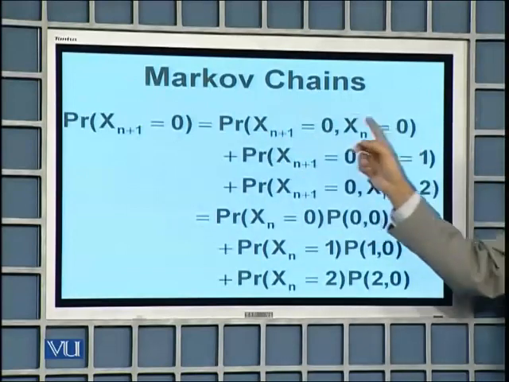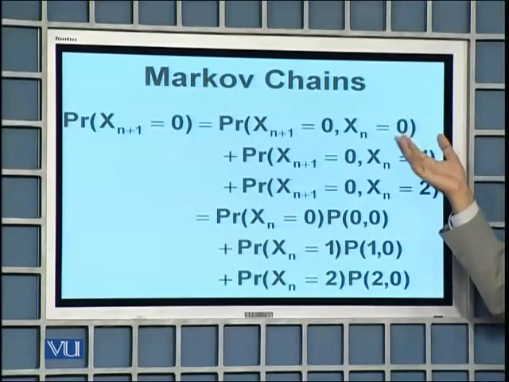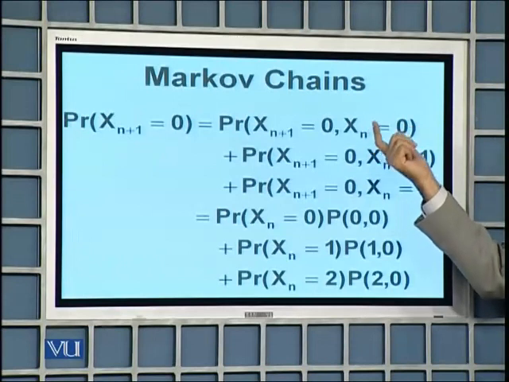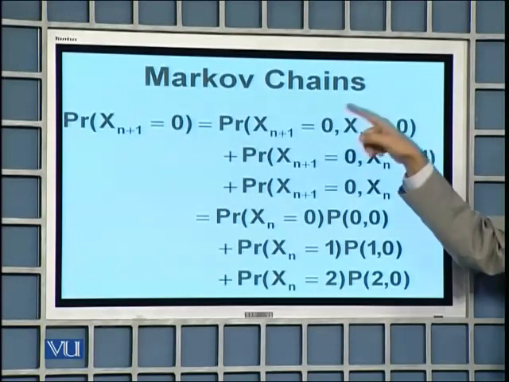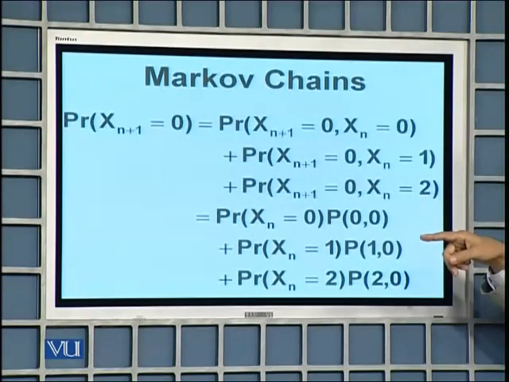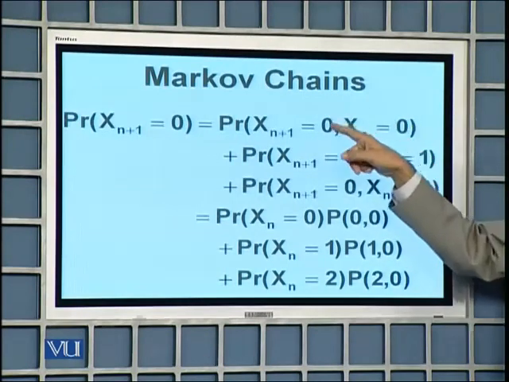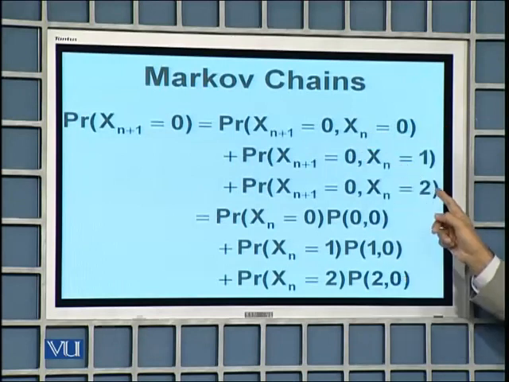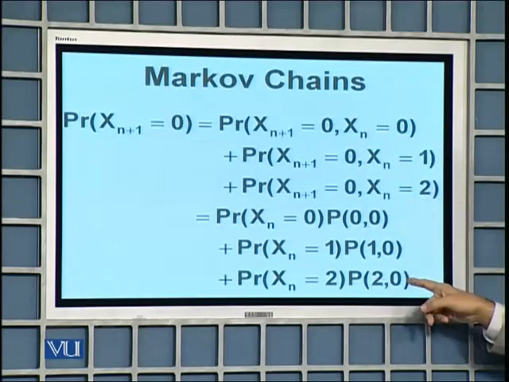And then these joint probabilities are represented as a multiplication of the probability of the previous random variable being in a certain state and the transition probability, the conditional probability, which is from 0 to 0, you see it here, from 1 to 0, you see it here, and from 2 to 0, which you see at the last line.